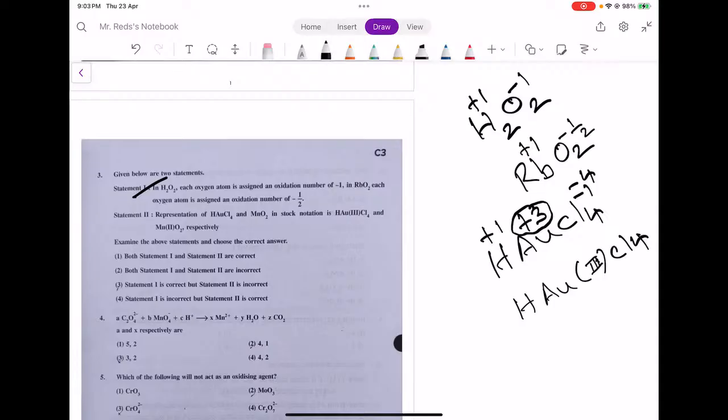And MnO2, manganese dioxide. In MnO2, the oxidation state of manganese will be +4.